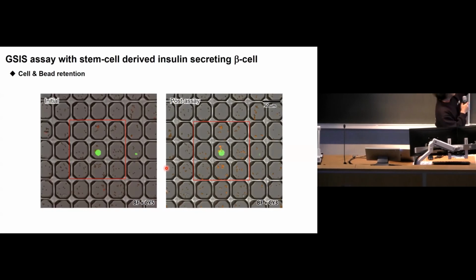So basically, it is showing the green cell is secreting insulin. The nanowell is actually confining those flows, and then we will see a Gaussian graph here.